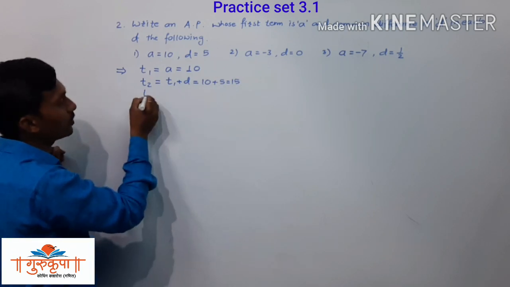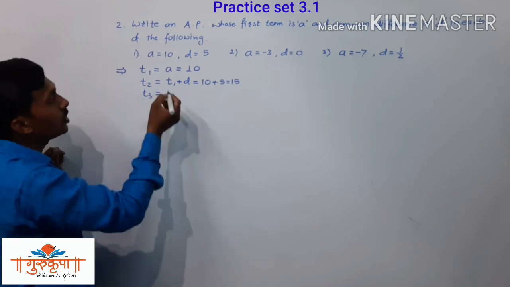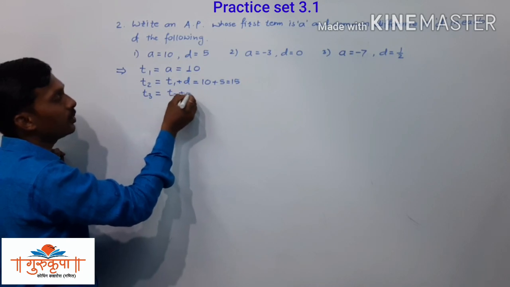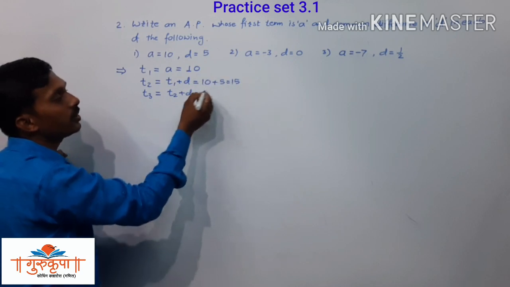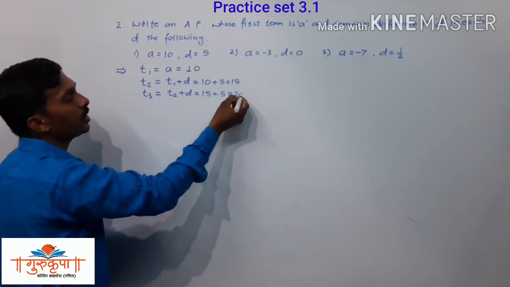Now T3. Here T3 is T2 plus D. To the previous term we have to add the common difference. T2 plus D. T2 is 15 plus D is 5, that is equal to 20.